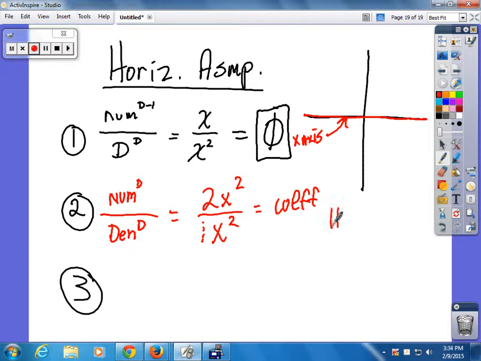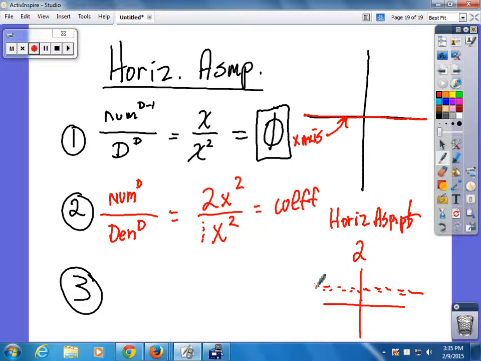So the horizontal asymptote here is equal to 2. So your horizontal asymptote would be y is equal to 2.